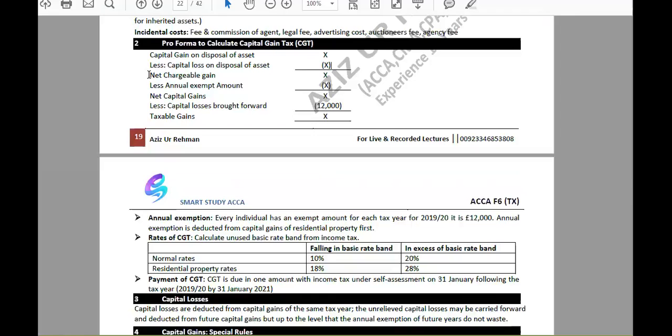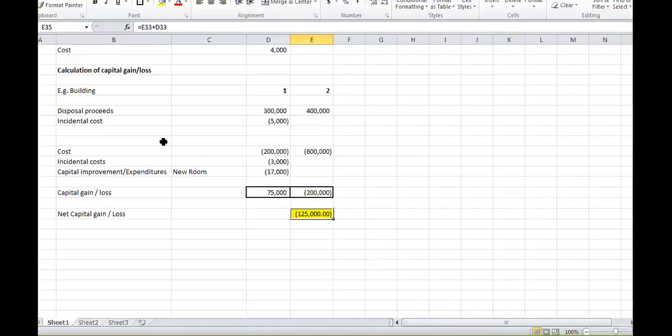But if we have net chargeable gain over here, then what to do? So let me explain. For example, this was the 2018-19 tax year, and in the 2018-19 tax year, students, you can see over here, we have capital loss of £125,000.